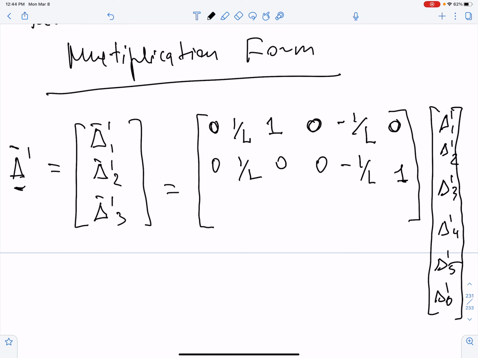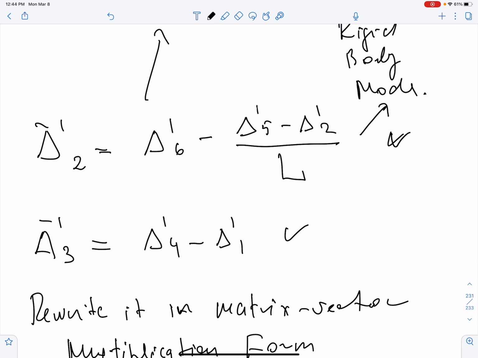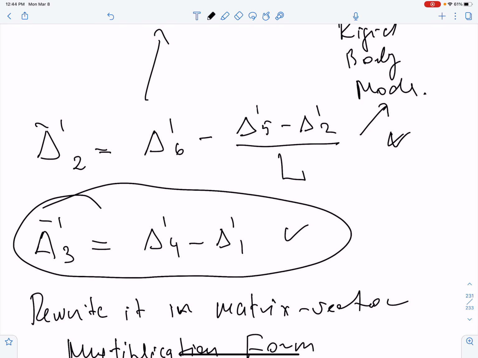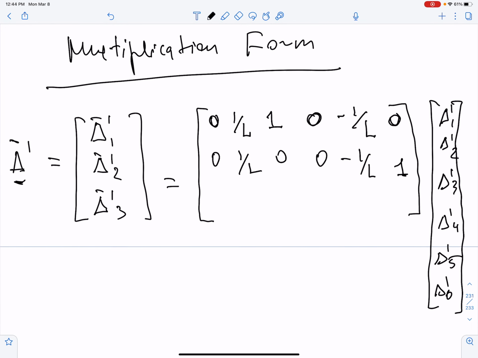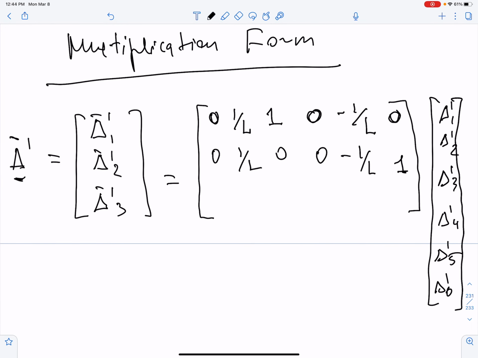And then the last row exactly represents this relationship here. Basic elongation as a result of a relative x displacement. So for delta prime 3, the only ones that will participate are delta prime 1 with a negative 1, 0, 0, delta prime 4 with a positive 1, and this concludes.